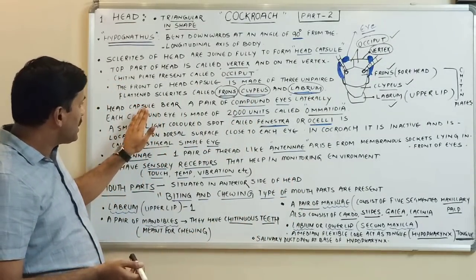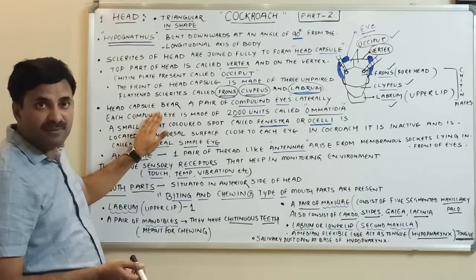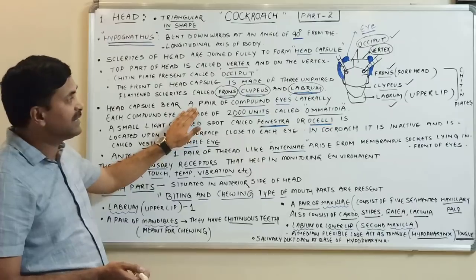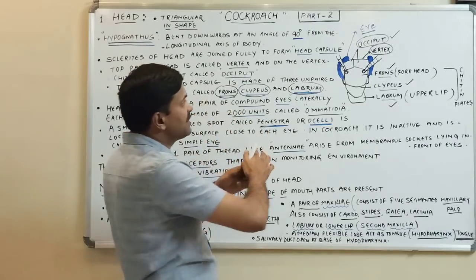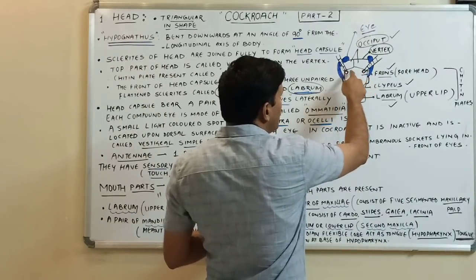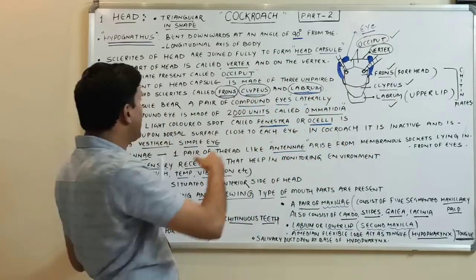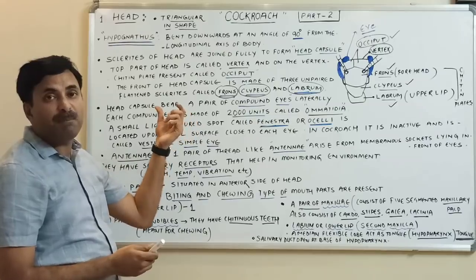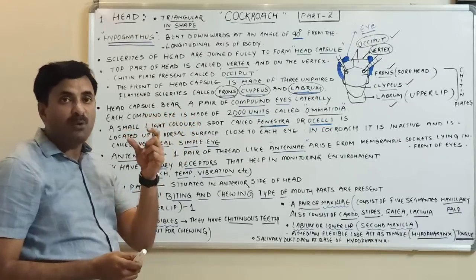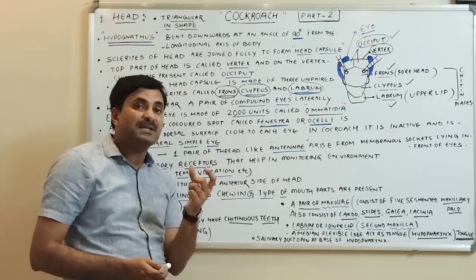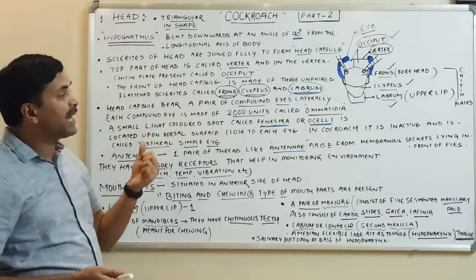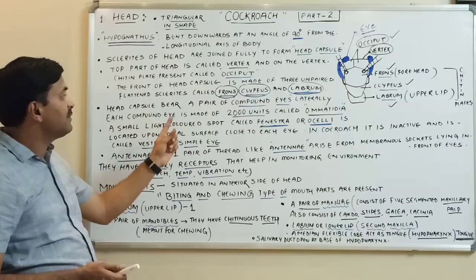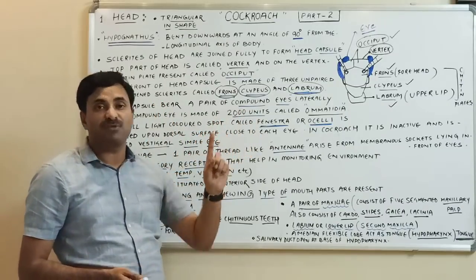Now the head capsule also bears a pair of compound eyes laterally. On the lateral side of the head capsule, a pair of compound eyes is present. No doubt simple eyes are present in the cockroach, but these compound eyes are very important, and each compound eye is made up of 2000 units.